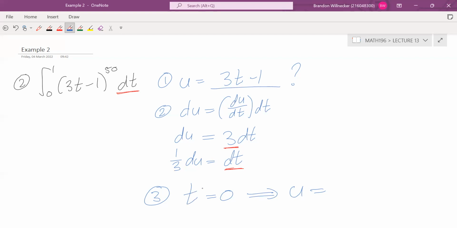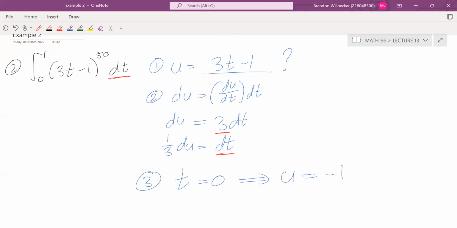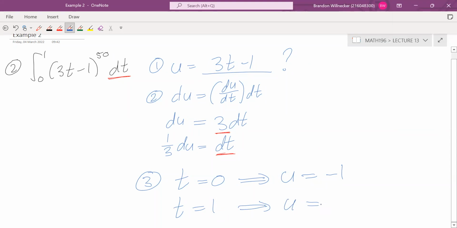So t is equal to 0, u is equal to minus 1. Yeah, you got it. Okay, and that's the lower bound, and now the upper bound. T is equal to 1. So u is equal to, what's the new upper bound going to be? Two. Good.